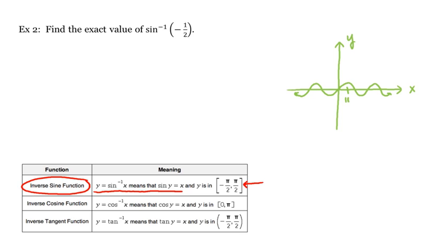Where this here is pi over 2, this is pi, this is 3 pi over 2, and so on. And over here, this is negative pi over 2. This is negative pi. This is negative 3 pi over 2.